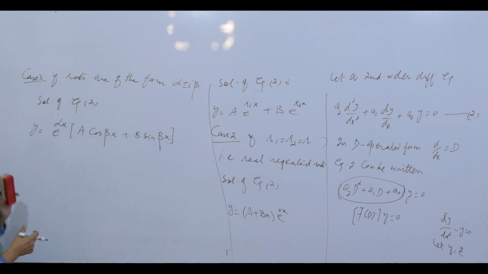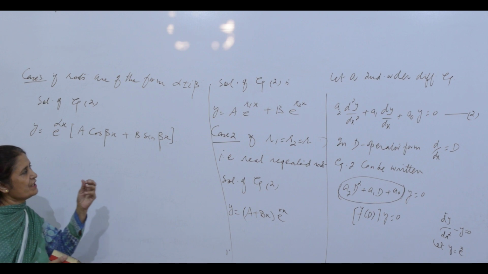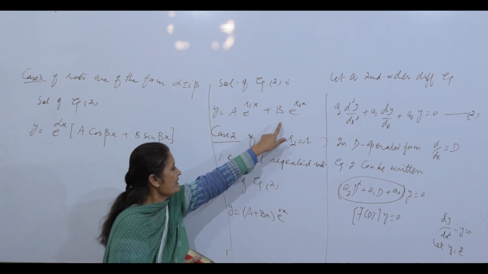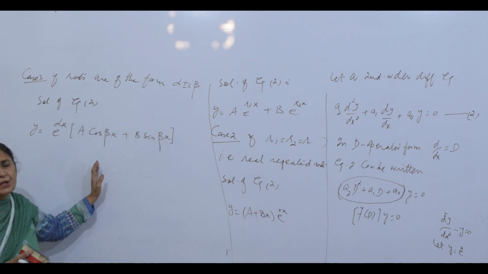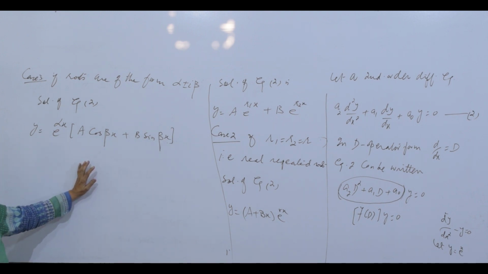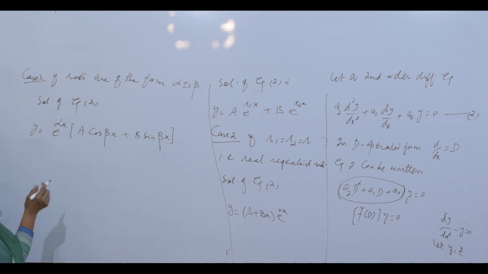So by solving the auxiliary quadratic equation: if real distinct, this way; if real repeated, this way; if complex conjugate, this way. You write down the solution of a second order linear homogeneous differential equation.